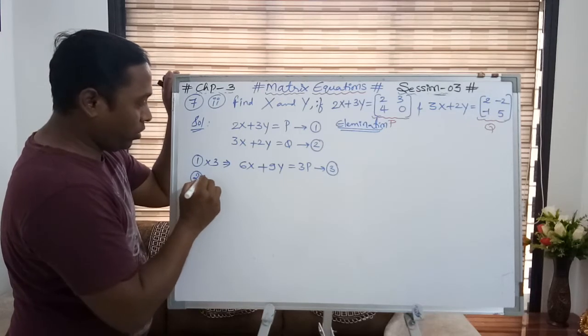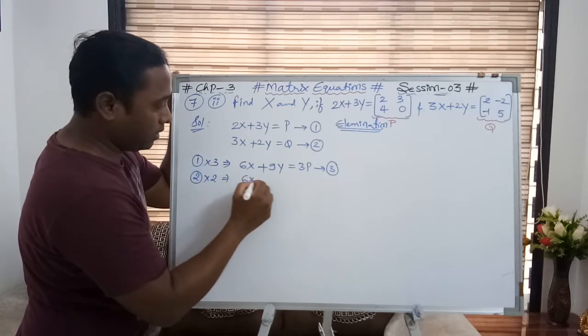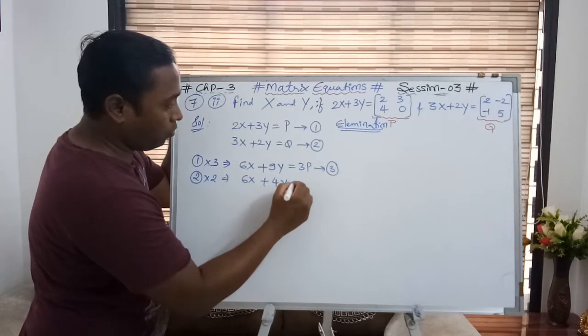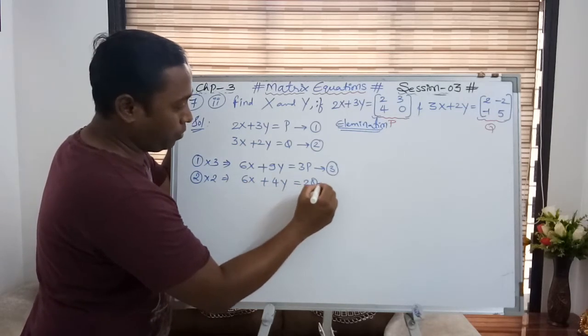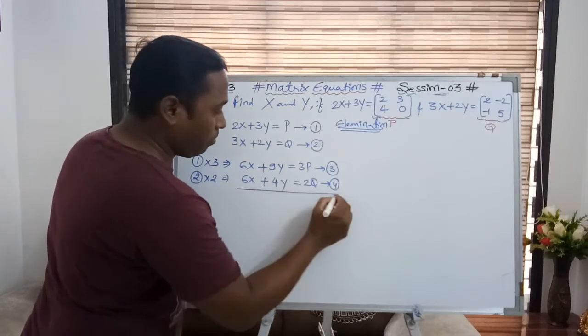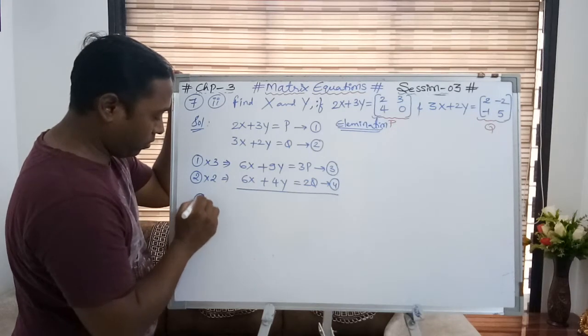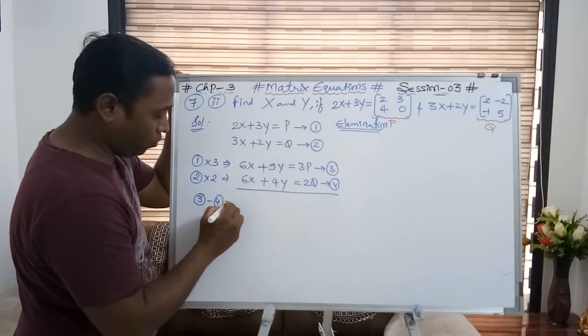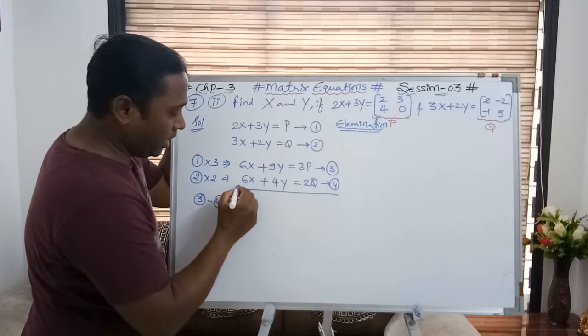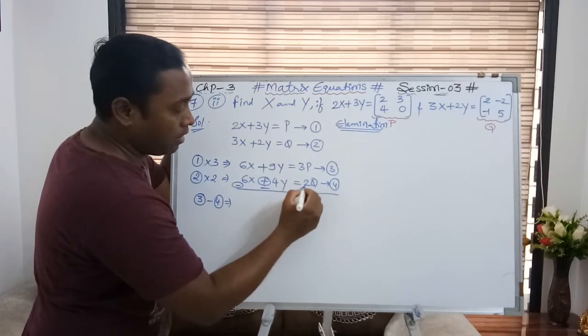And the second equation is multiplied by 2. So ultimately it becomes 6X plus 4Y equal to 2Q. This is equation 4. Now by subtracting, third equation minus fourth equation, the signs would be interchanged, so minus, minus.